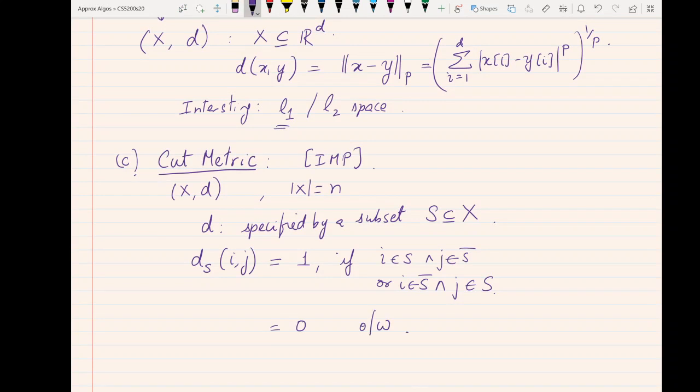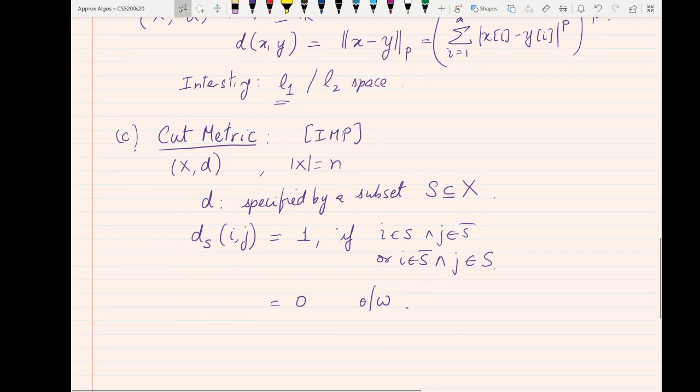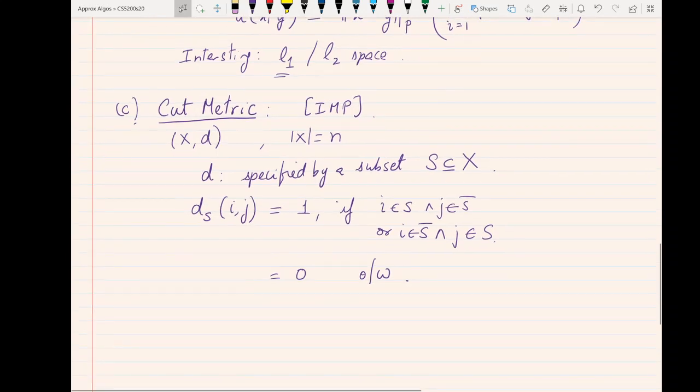So otherwise means both i and j lie in the same part, either in S or in S complement. Now I claim that the distance function given by this actually forms a metric space. The only non-trivial thing to verify in order to prove that this is a metric is the triangle inequality.